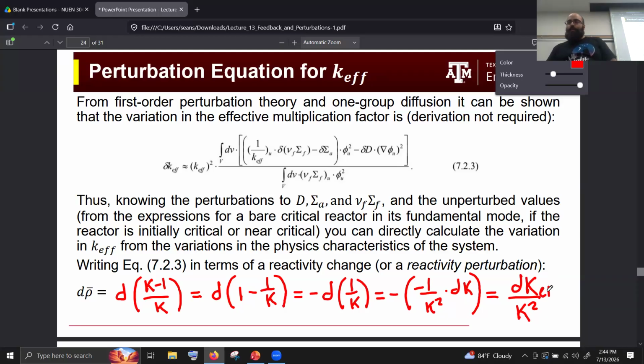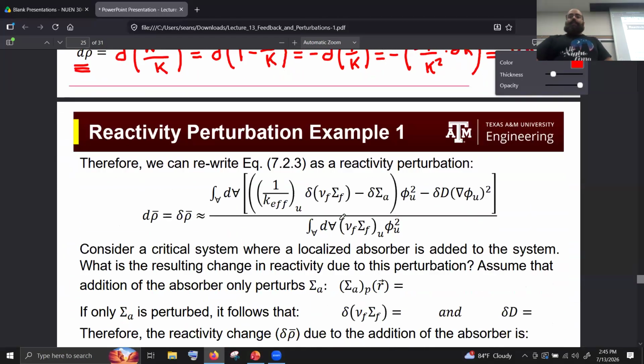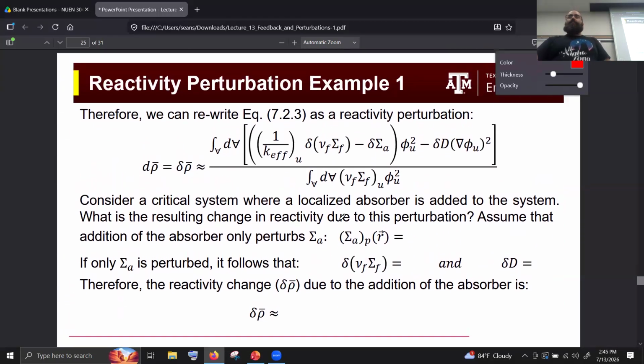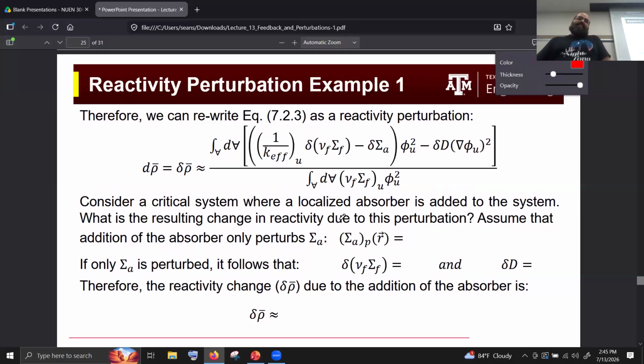Really, I could have put k effective here. Notice that on 7.2.3, if I divide both sides by k squared, then on the left side I would have the perturbation in k divided by k effective squared. That's exactly what this reactivity change is. So by definition, I can rewrite 7.2.3 in terms of a reactivity perturbation instead of a K effective perturbation.